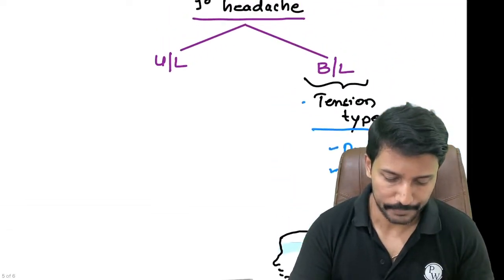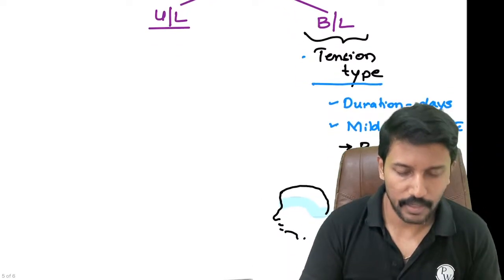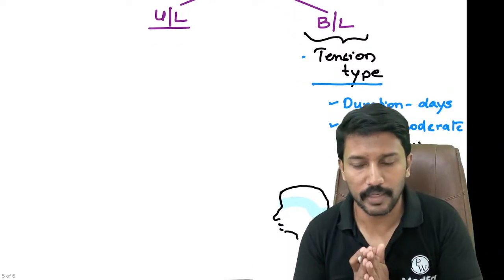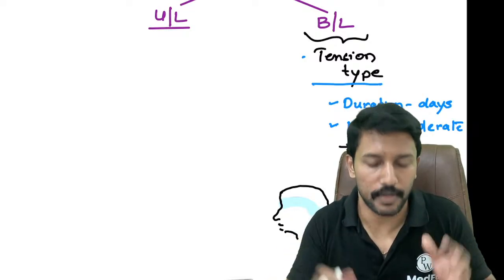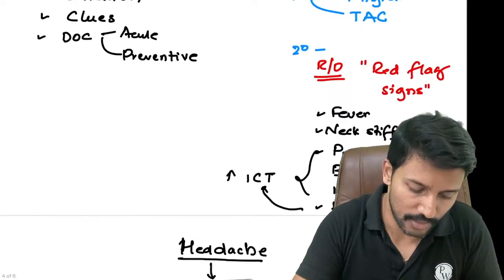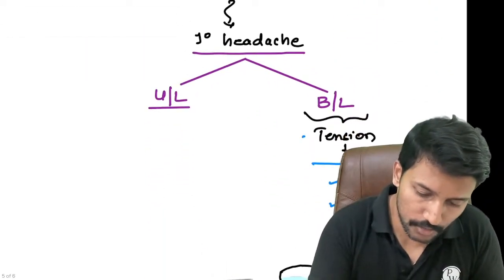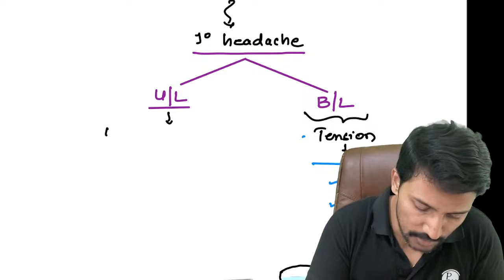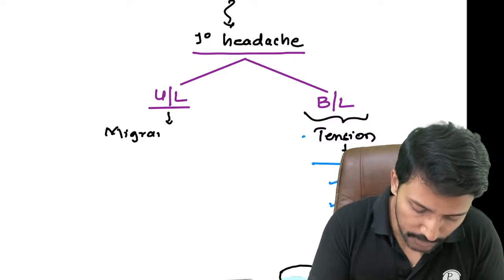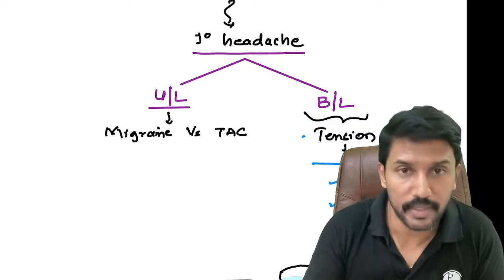Or 3 months. If they say that it is going to be a unilateral headache, then we have migraine and trigeminal autonomic cephalgias. So in such cases, we have to look at the duration of headache. The second important point is looking at the duration of headache. If it is unilateral, the possibilities are it is either migraine or a trigeminal autonomic cephalgia.